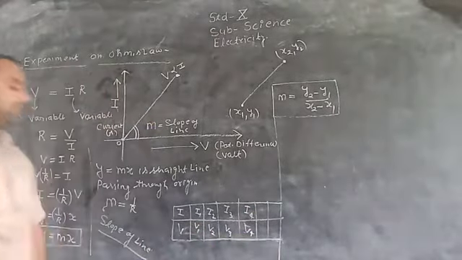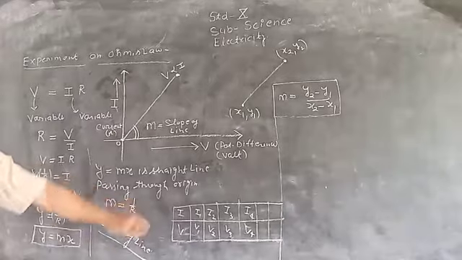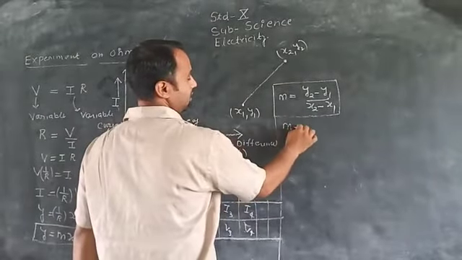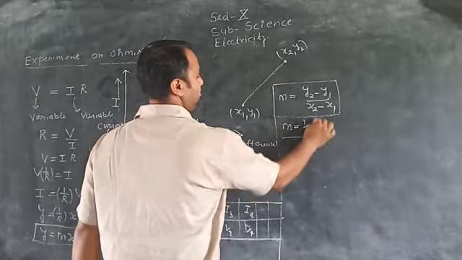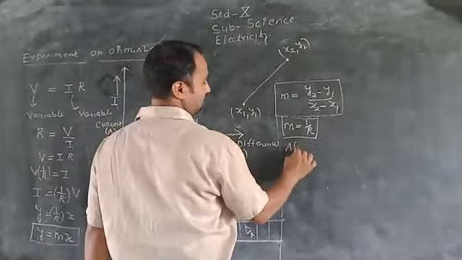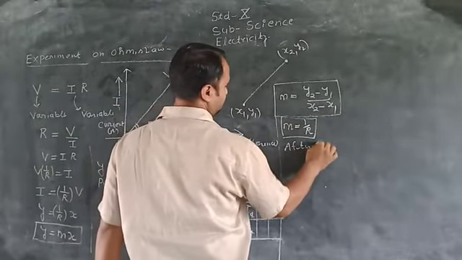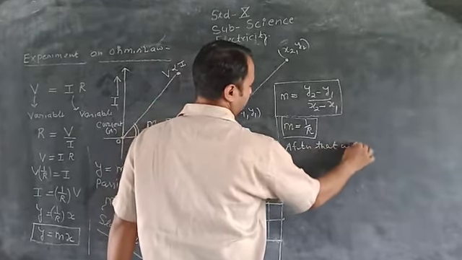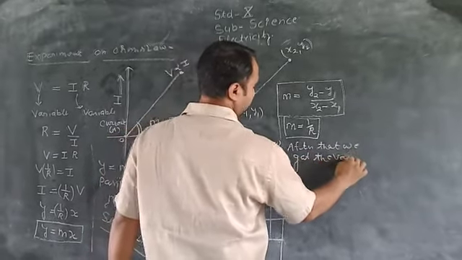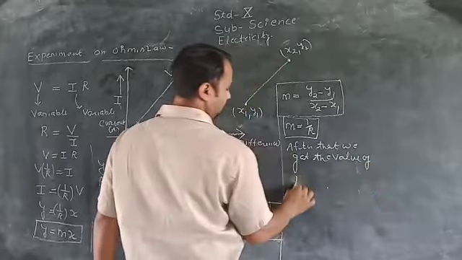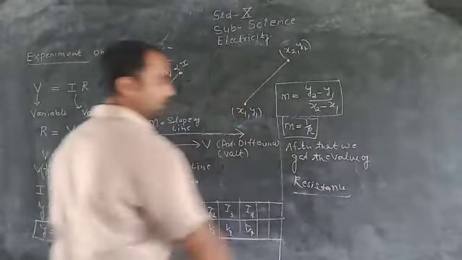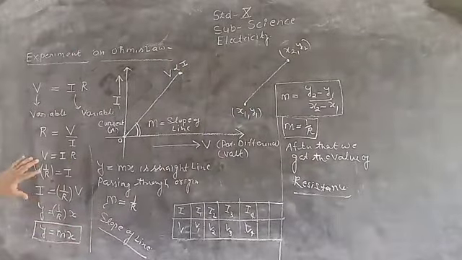We draw the graph, and from this, we find the value of the resistance, and hence the slope is equal to 1 by R. And when we find the slope, after that we get the value of resistance. We get the value of resistance from this experiment.